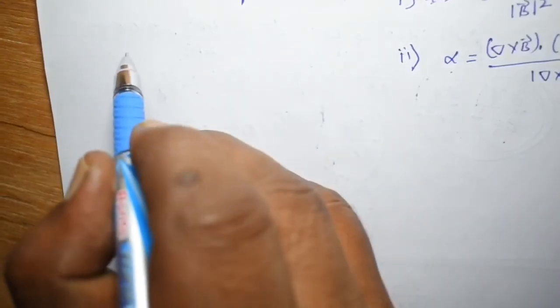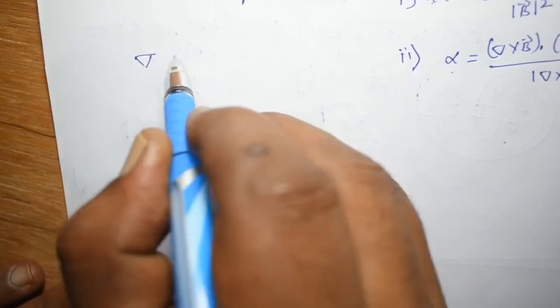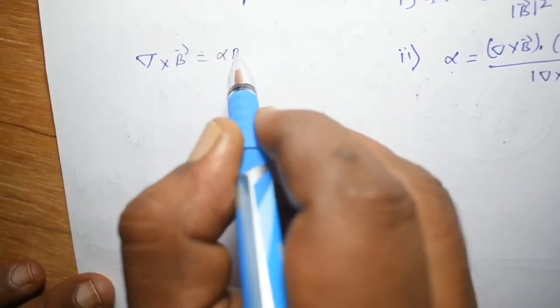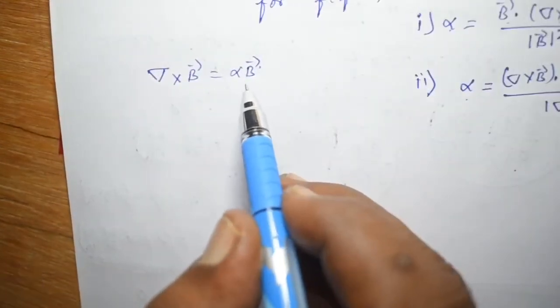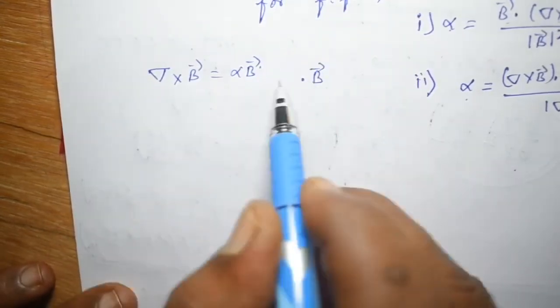Now from the definition of force free magnetic field, from the basic equation, you know that curl of B is equal to alpha into B. This is a known thing. This is the first basic equation of the force free magnetic field. Now I am going to take the dot product of B on both sides of this equation.